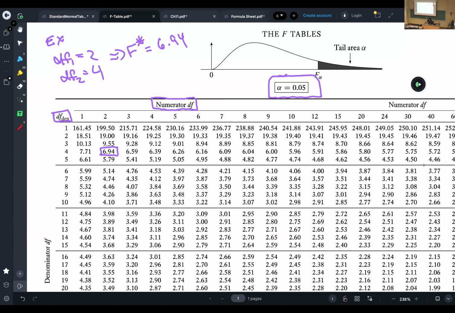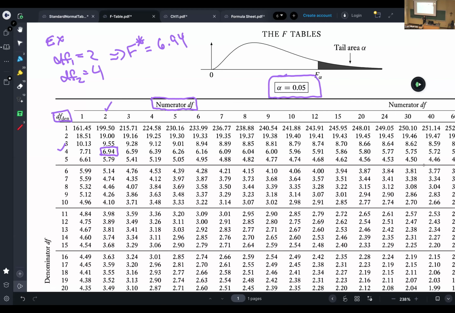So you go to 2, that's the numerator, and then you go to the denominator. Whatever value you put in the numerator, you take its corresponding size and subtract 1, and then you do the same thing for the denominator. And then you just compare it.